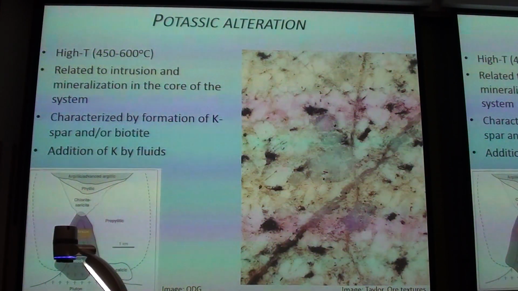And it can be quite tricky to identify, because if you start with a rock that is already feldspar rich, we might need micro-textural studies to identify whether there was indeed addition of potassium from fluids.